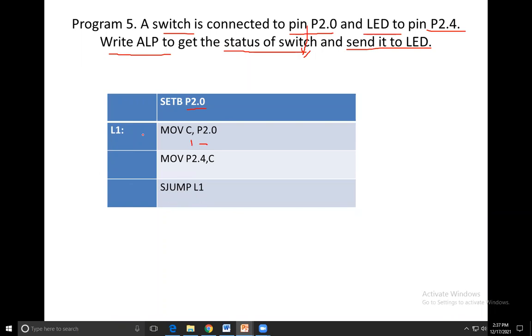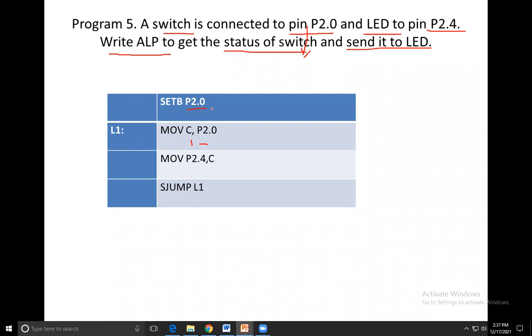So you have to set the bit or clear the bit, take a value from P2.0 and send it to P2.4, where you have to connect the LEDs.